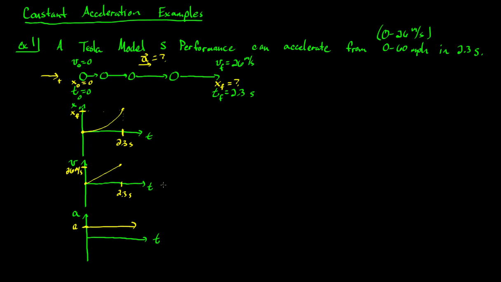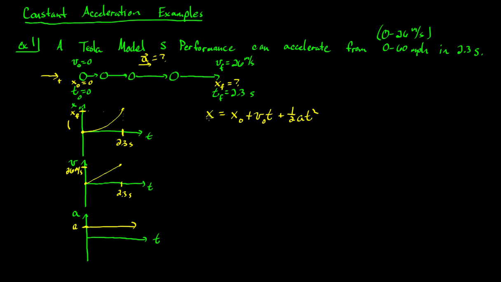Okay. So now we can start modeling with some of our kinematic equations. So for the position, we know that the function is going to be x equals x naught plus v naught t plus 1/2 a t squared. Okay, now let's substitute in anything that we know to try to simplify it.